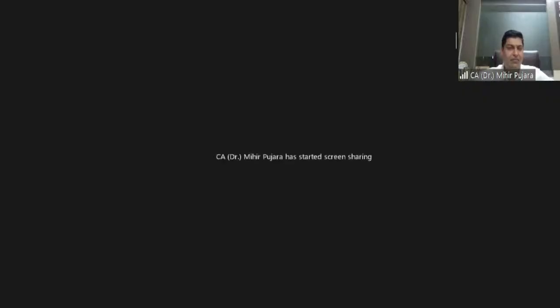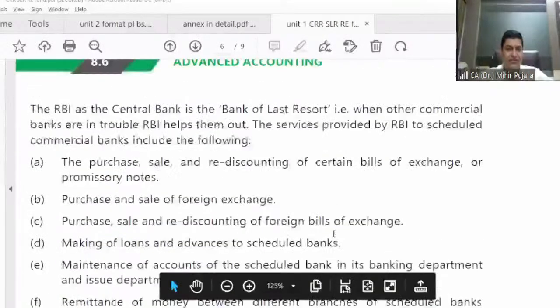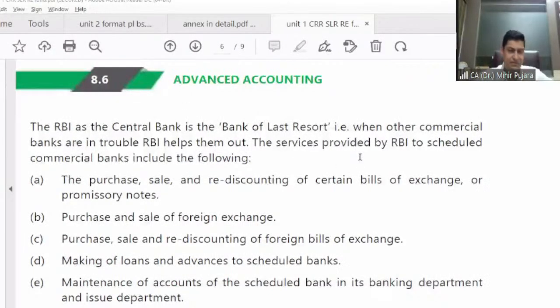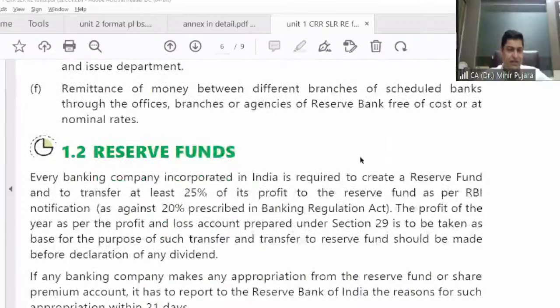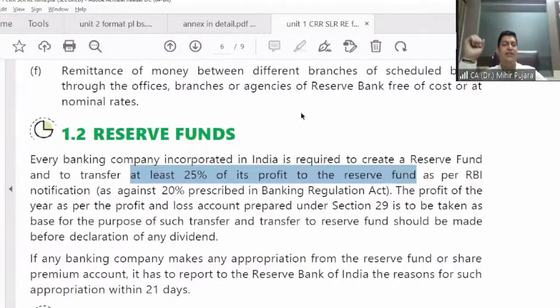So guys, sharing the module page, it is 8.6, page number 8.6 on module. The name is Reserve Fund. As per RBI, it is minimum 25%.